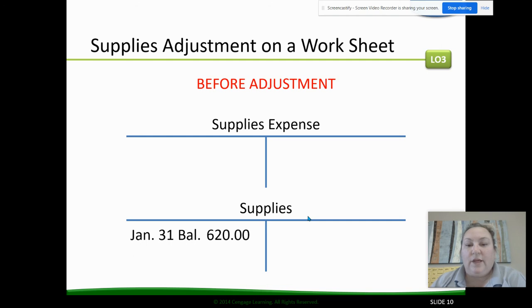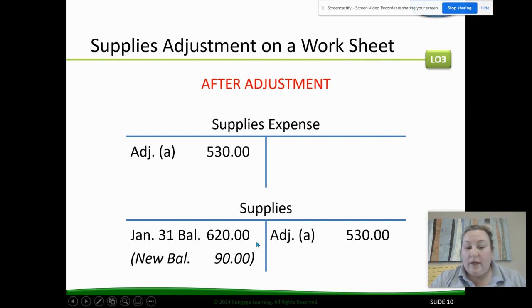And that's what the adjustment is. It shows the used portion of those supplies and insurance. So we have our supplies account that shows our amount that we've purchased, and then our supplies expense account is going to show the amount that we used.